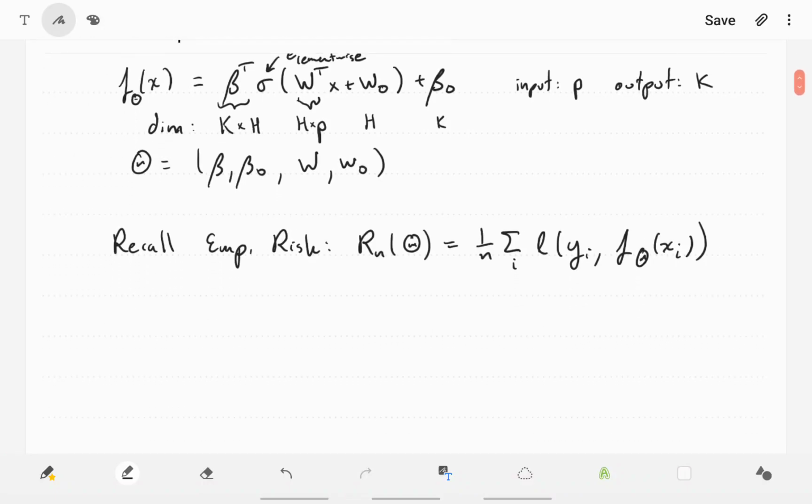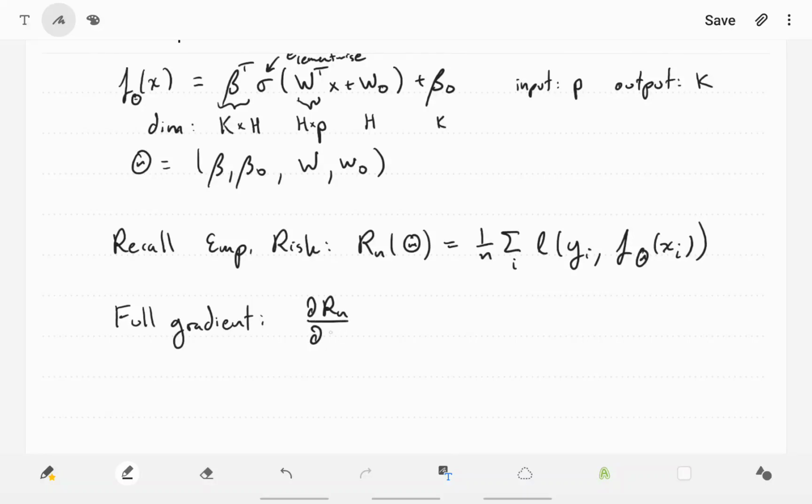And so we've already gone through different methods for optimizing this. For neural nets, typically we're going to be using mini-batch stochastic gradient descent. And so our full gradient, this is partial Rn over partial theta, right?